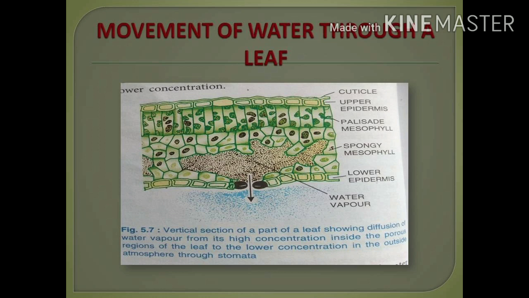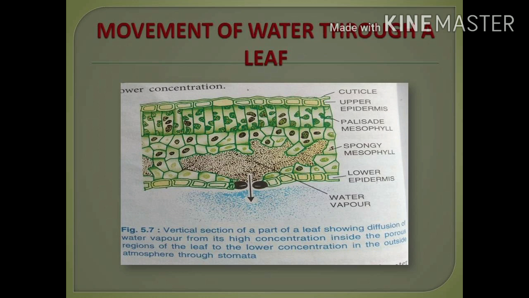The cells that lose water in this way replace it by drawing more of it from the nearest vein. Most of this water travels along the cell walls, and only a small quantity enters the cell by osmosis.